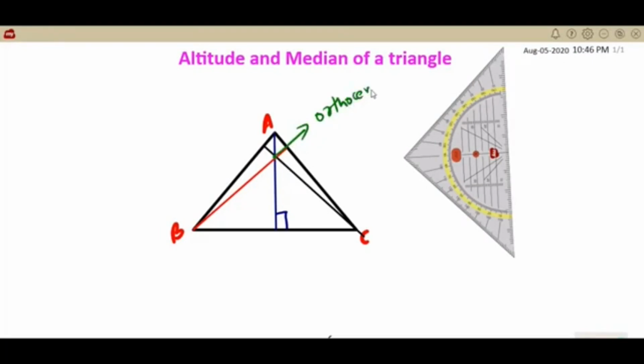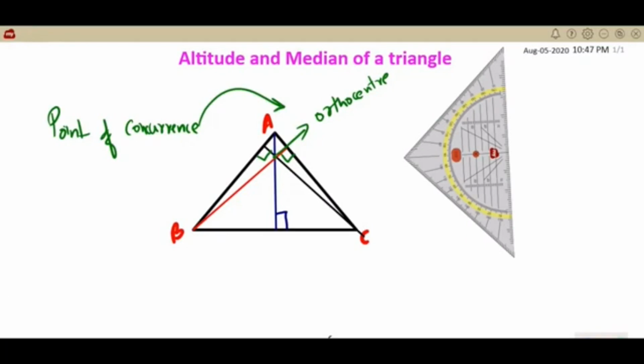When altitudes are drawn for a triangle, all 3 altitudes will meet at a point, and the point of concurrence, the meeting point, is named the Orthocenter. Okay, we call it the Orthocenter.